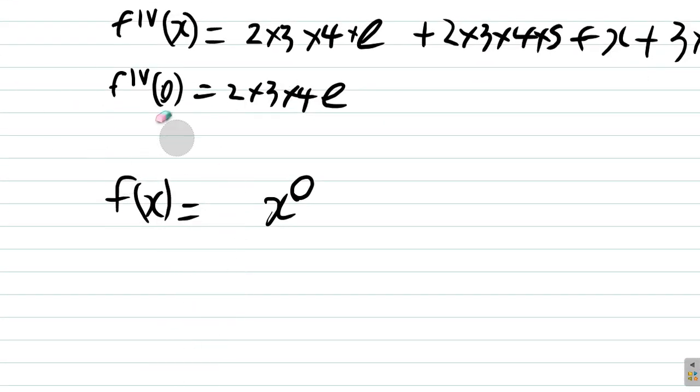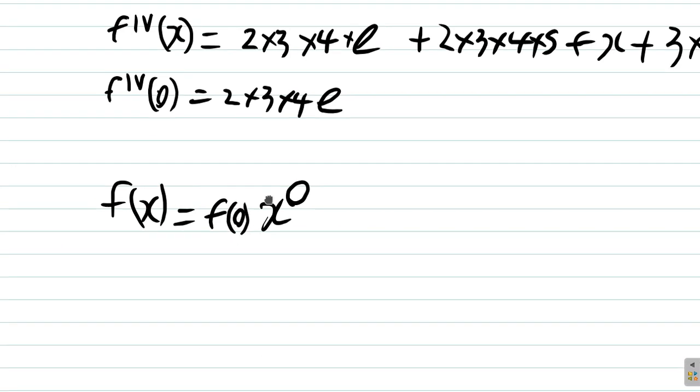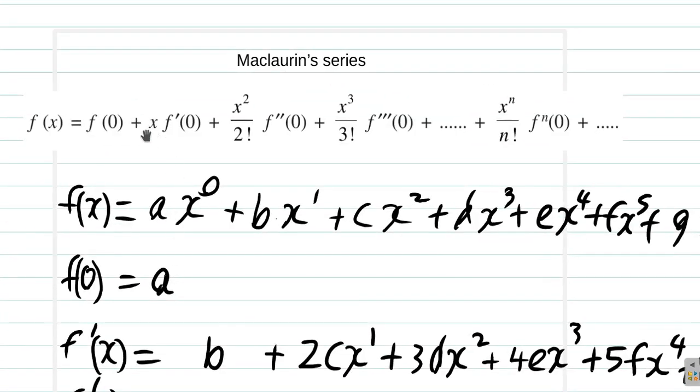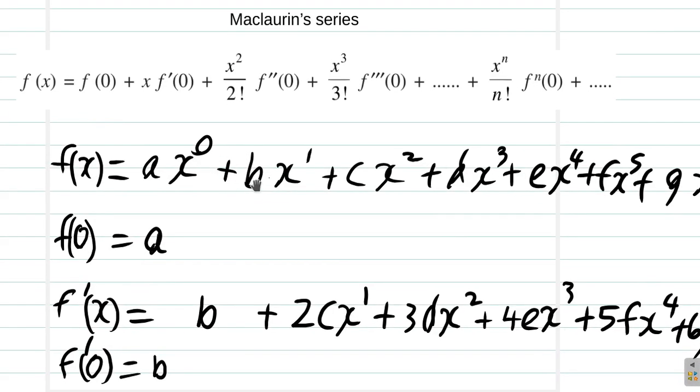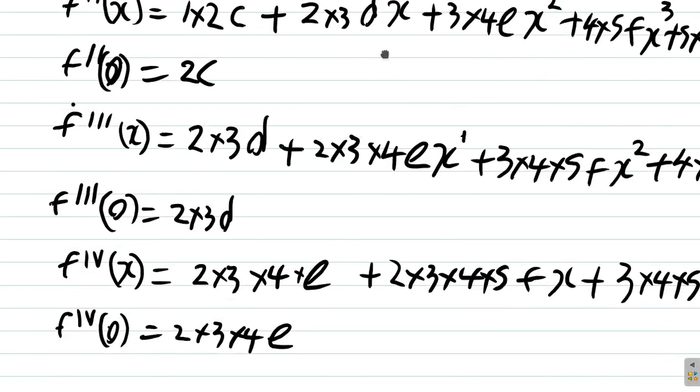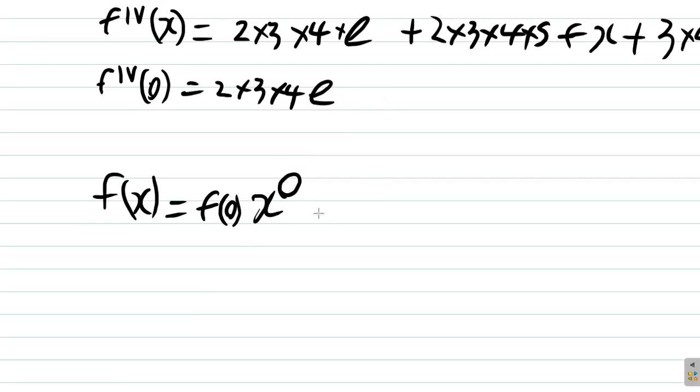So we change this a to f of 0. All right. Now you see the f of 0 here, plus b x to the 1. Let's check that out. Plus b x to the 1.